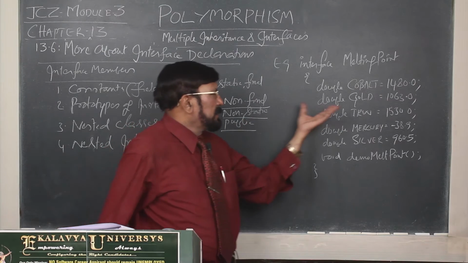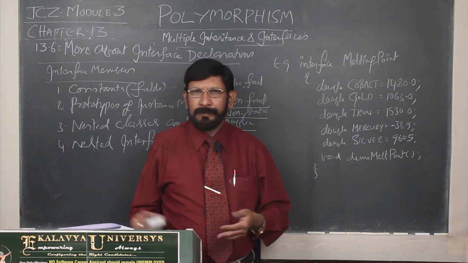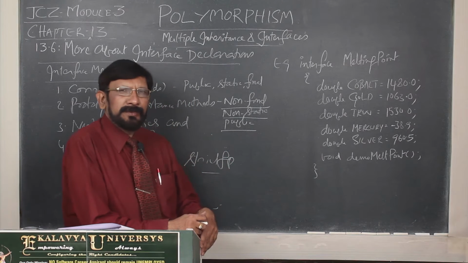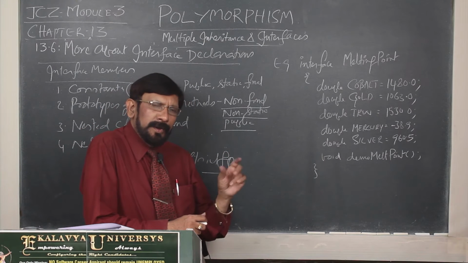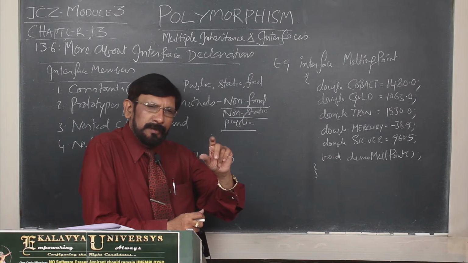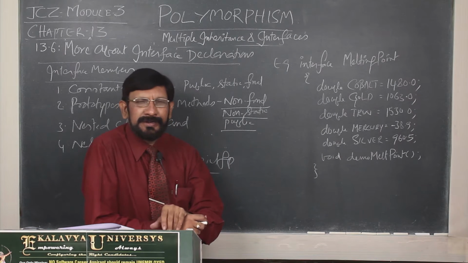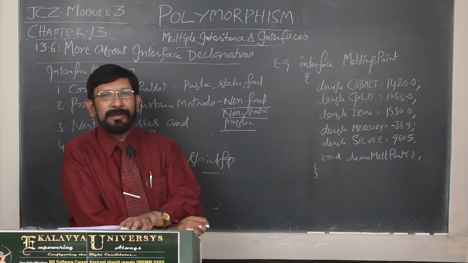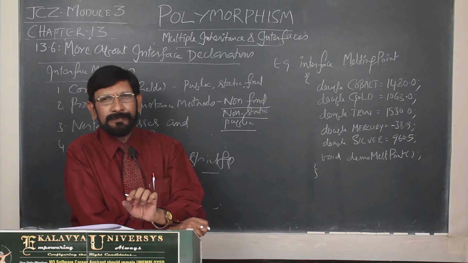And here let us see a practical model. Actually, in C, C++, in order to define a list of constants, we have one element, that is enum. Enum constants we can define.